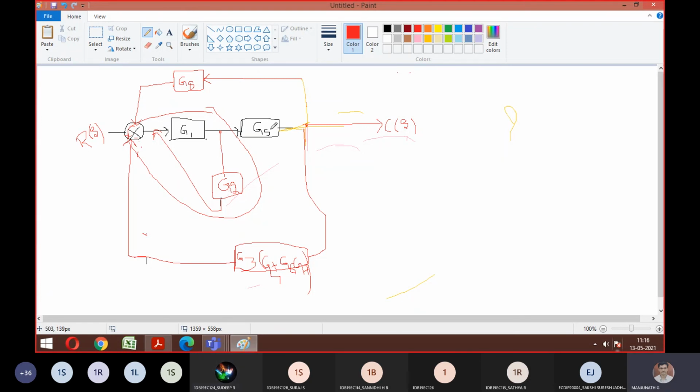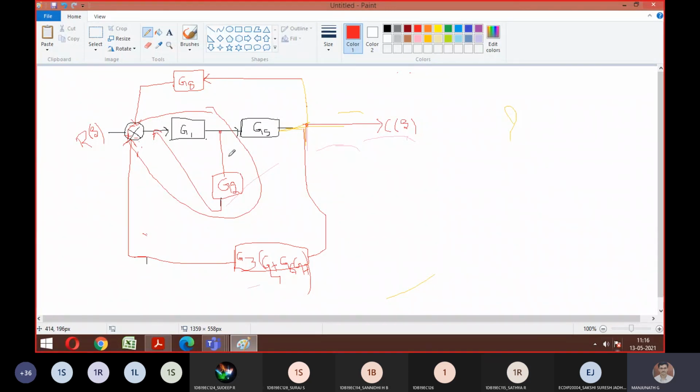Then that is in cascade with G5. Good. So after that, these two become one block, and there is one more block here. So what will you do for these two, G8 and this one block? Again, is it parallel or elimination? Good. Elimination. So G8 and this block elimination.